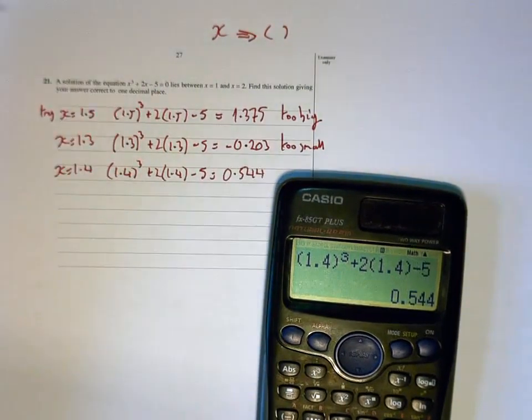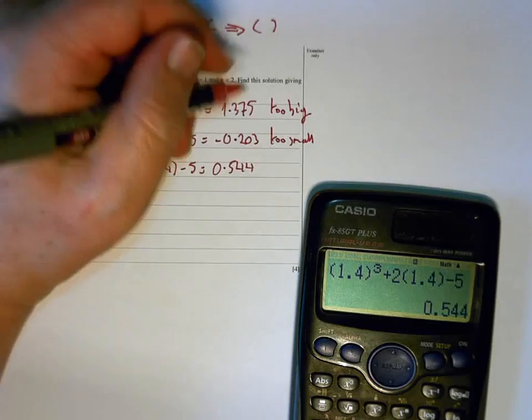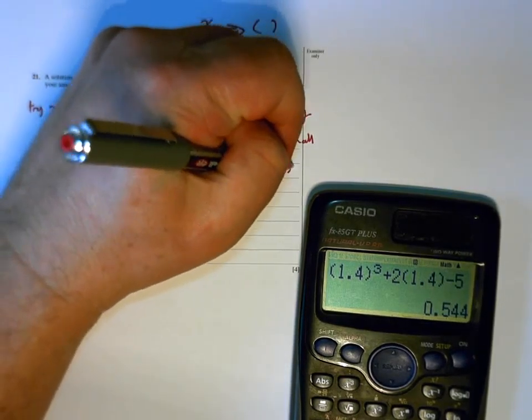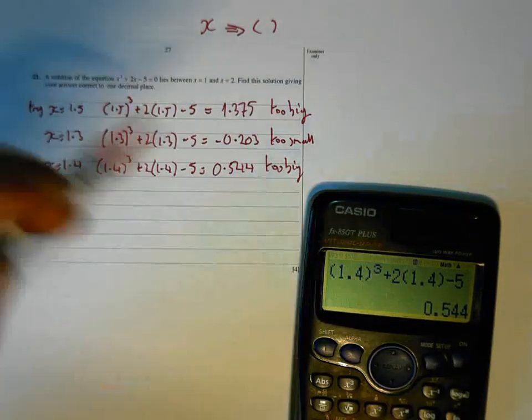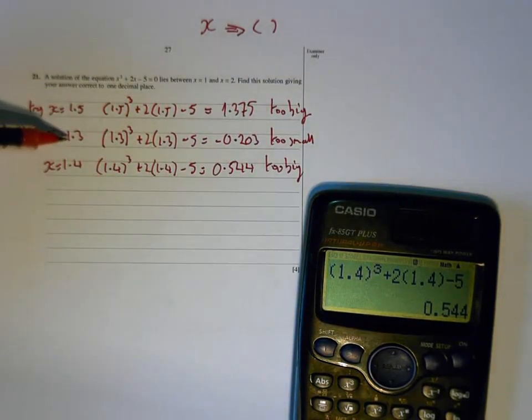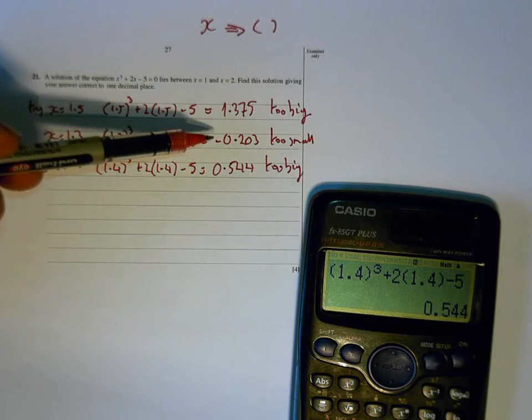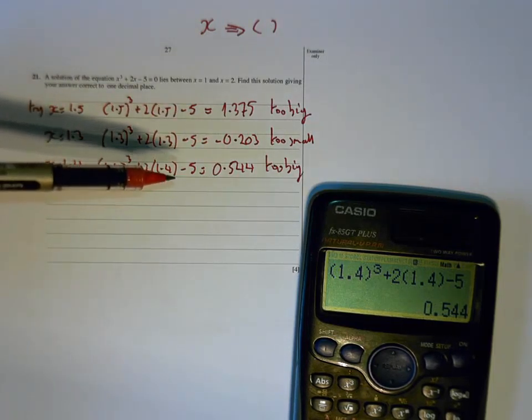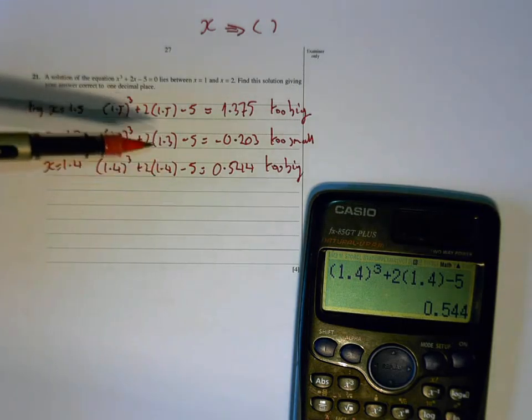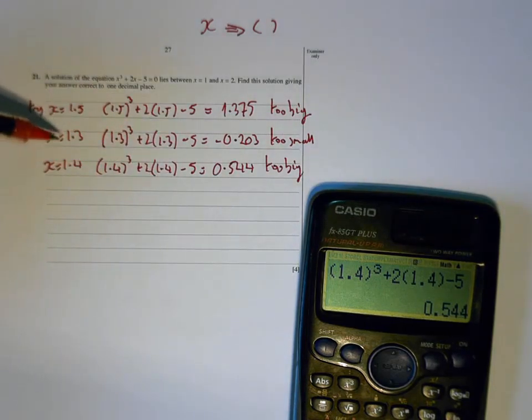We're back above 0 now, so that's too big. So x is 1.3 gives me an answer that's too small. x is 1.4 gives me an answer that's too big. So my actual answer lives somewhere between those two consecutive 1 decimal place numbers.